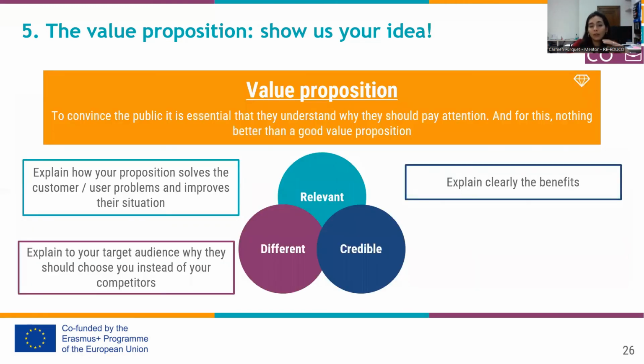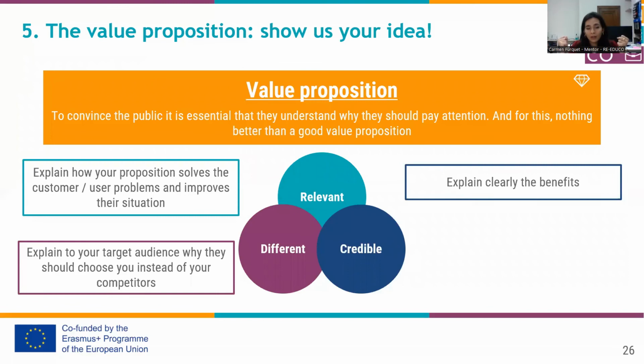And if you need to understand what it is, the value proposition is the thing that you use in order to convince the public to get your solution, to use your solution or your product or service. And it has to be relevant, different, and credible. That means it has to be credible because you have to explain clearly the benefits of your solution in a really brief way.